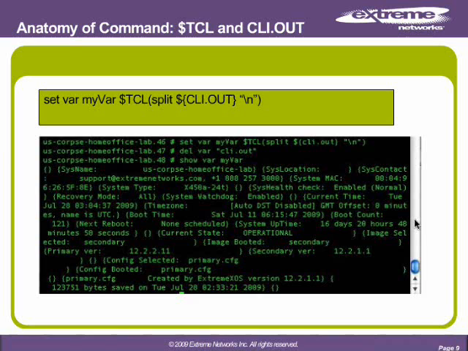So you'll see the second nested portion of the list is sysname, US Corp SE Home Office Lab, then syslocation, and so on. This is the output of the split command, and as you can see, the anatomy of the command, we are setting a var myvar, and throughout scripting, we are setting and manipulating variables with the various built-in functions, including, in this case, Tool Command Language.